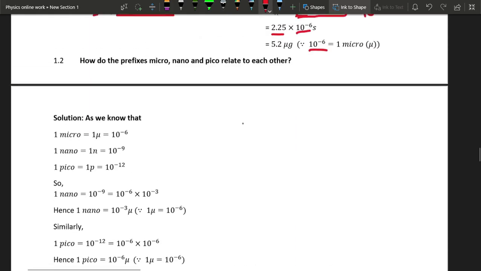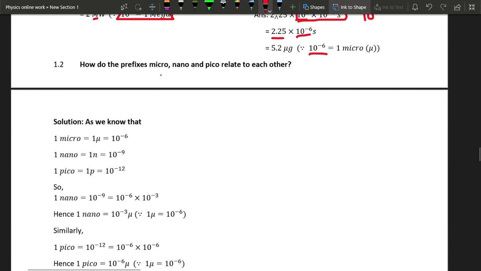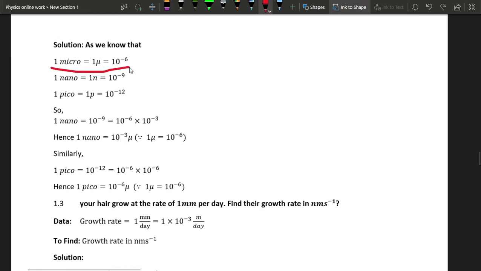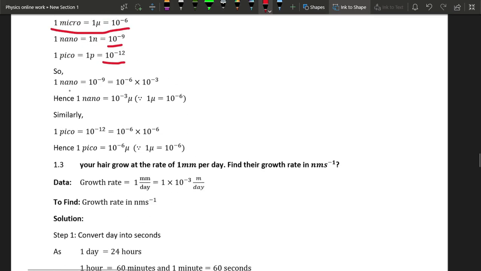Okay, next question is, how do prefixes micro, nano, pico relate to each other? As we know that 1 micro is equal to 10 raised to power minus 6, nano is 10 raised to power minus 9, and pico is 10 raised to power minus 12. So we can relate nano and micro as 1 nano equal to 10 raised to power minus 9, and this minus 9 is equal to minus 6 minus 3.